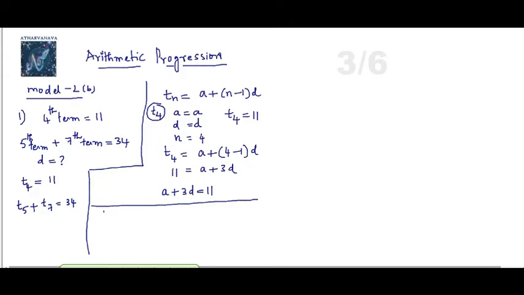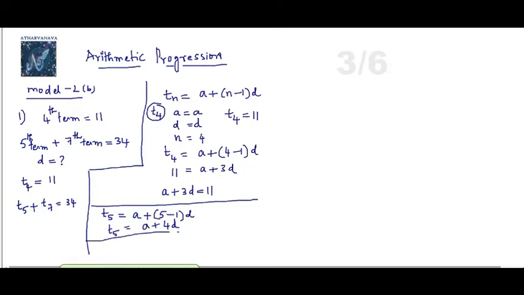Let's see the next one, T5. T5 is equal to, I am writing directly because I have already written the formula once. So that's sufficient. A plus 5 minus 1 into D. Isn't it? Now A plus 4D is equal to T5.